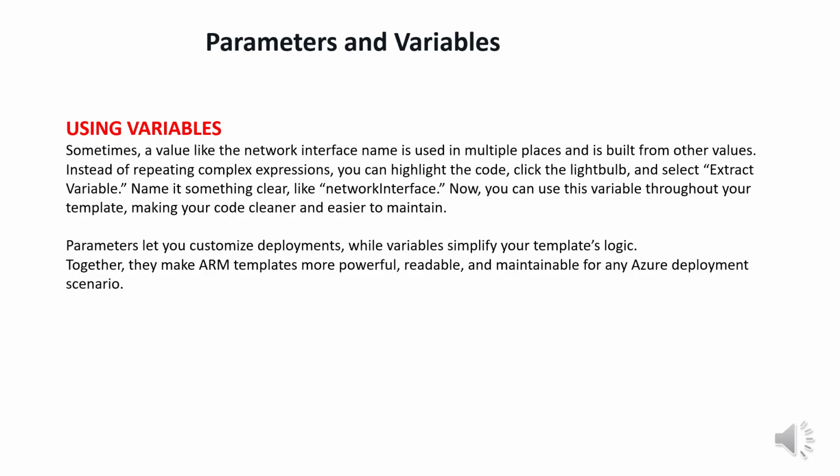Now, you can use this variable throughout your template, making your code cleaner and easier to maintain. Parameters let you customize deployments, while variables simplify your template's logic. Together, they make ARM templates more powerful, readable, and maintainable for any Azure deployment scenario.